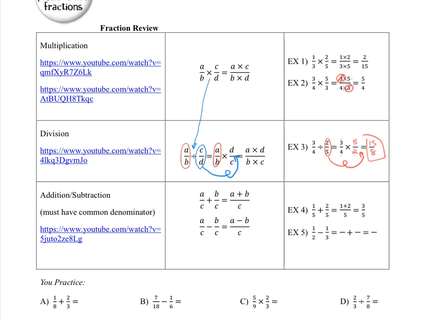Now, for this next example, we have to do a little bit of work here. We have to multiply this first fraction top and bottom by 3 because that is this denominator over here.